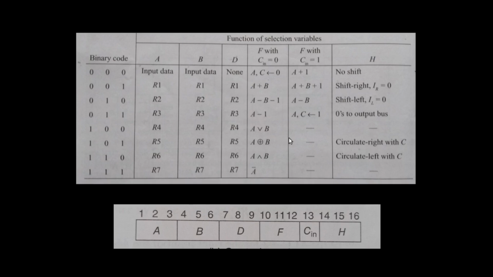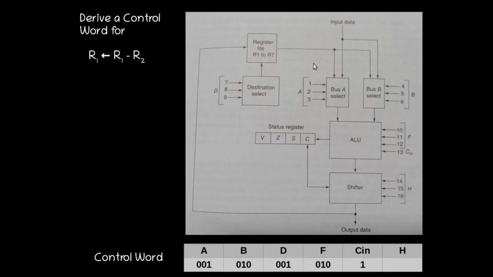To select the subtract operation, these two columns correspond to our ALU operation or F select lines. Then this is our A minus B. For this purpose we have to give the 010 code to the F lines, and C in 1, we have to make the carry input 1. So our control word will be like this, 0101.